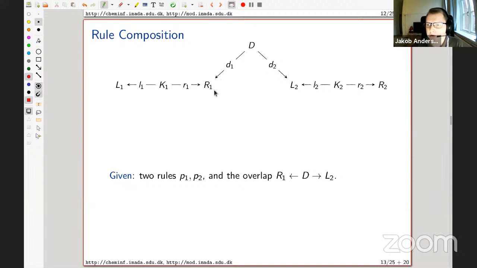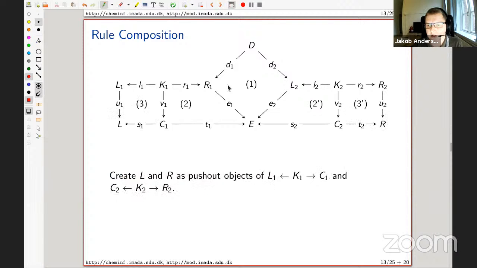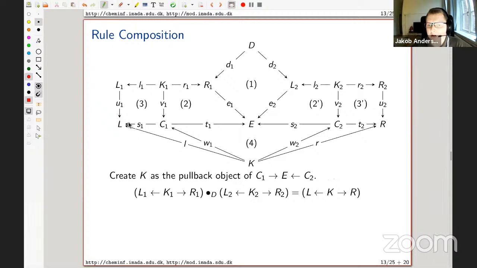We have our two rules, and we make a common overlap D between them, and then following the steps of this diagram, creating pushouts, pushout complements, and so on, we get one overall rule for this composition. The question is, how do we select these overlaps?